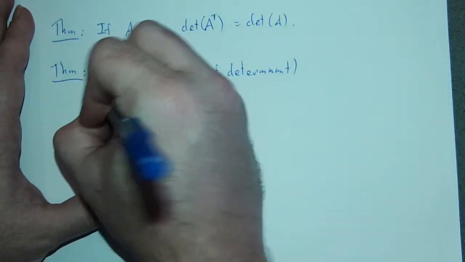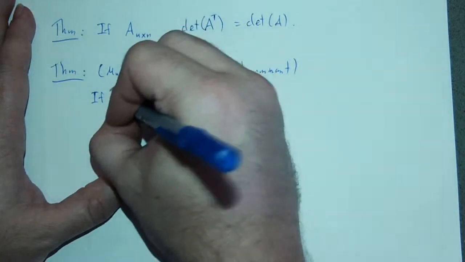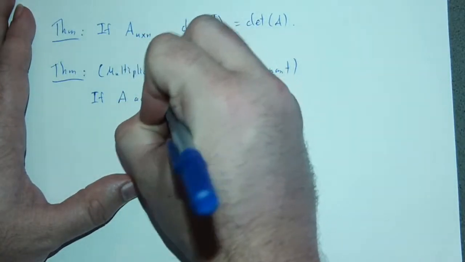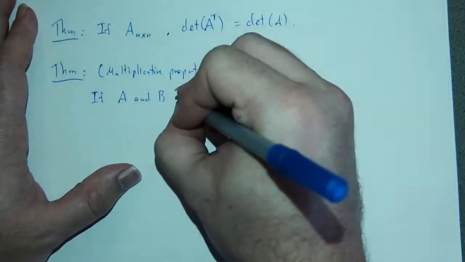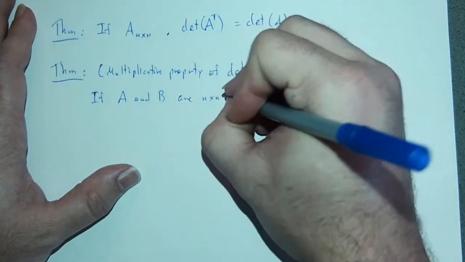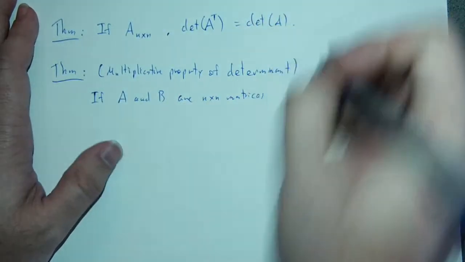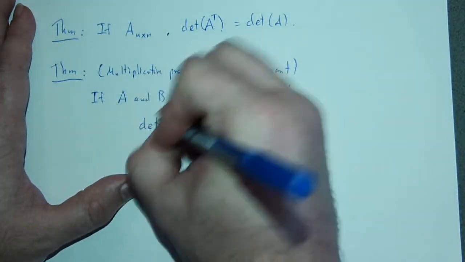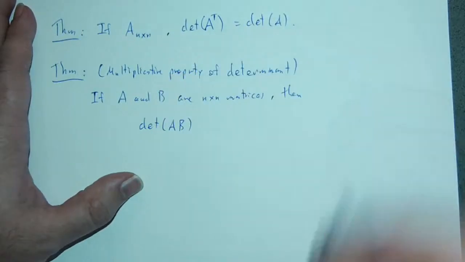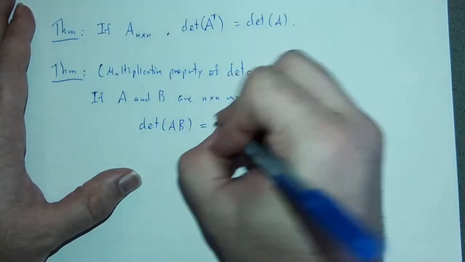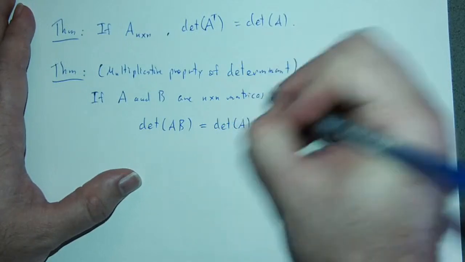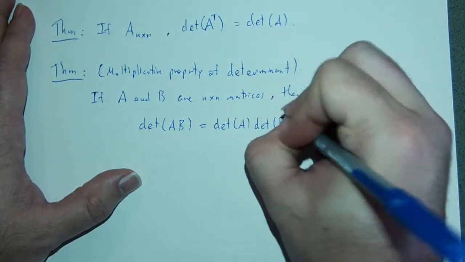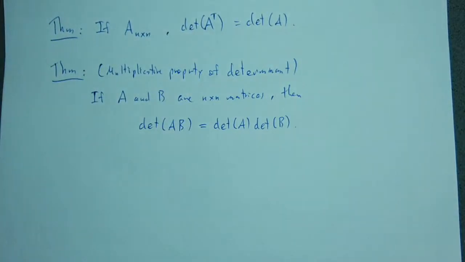Okay, so if A and B are n by n matrices, then the determinant of the matrix product, A times B, is equal to the determinant of A times the determinant of B. Okay.